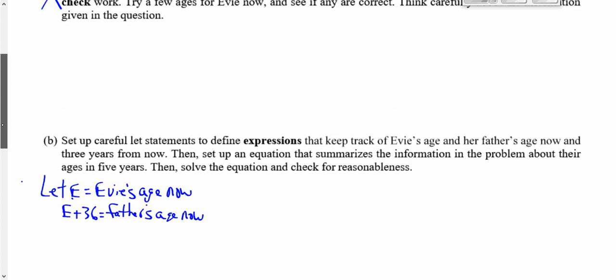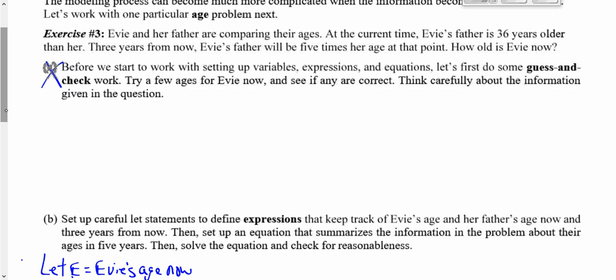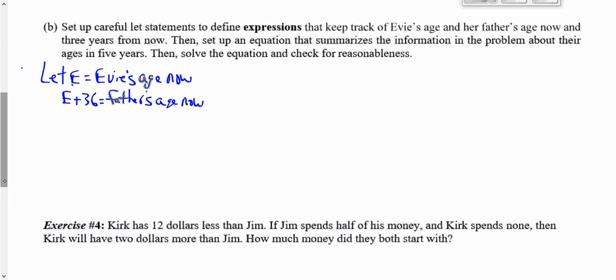Now let's go back up to the problem. 3 years from now. Okay, so Evie, we agree, will be E plus 3, right? And also, her father will be 5 times her age at that point. So let's do 3 years from now.